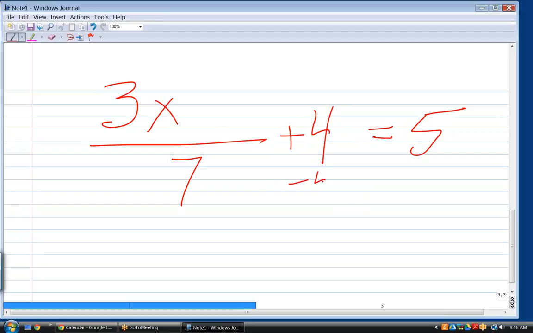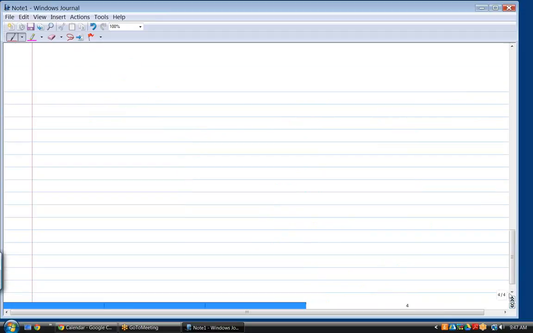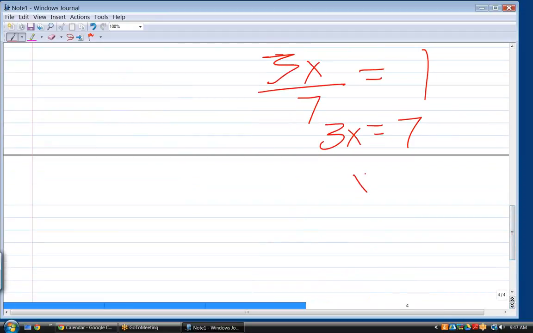So I'm going to do minus 4 from both sides. And now I've got 3x over 7 equals 1. Now it's a lot easier. I'm not going to have any big numbers. Now when I multiply both sides by 7, I end up with 3x equals 7. And finally, x equals 7/3.